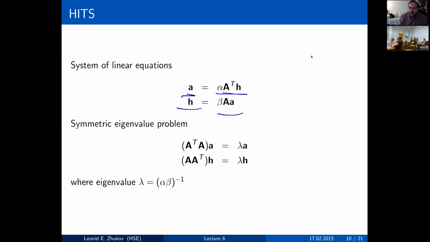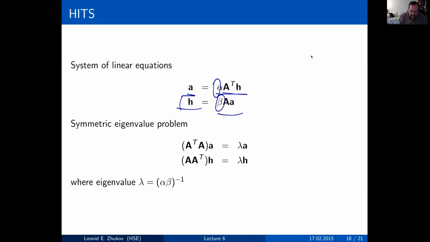And we already talked previously that if we want this type of procedure to actually converge, if we want to iterate and come to some sort of stable solution here, we'll need to use some factors, alpha and beta, as damping factors. Well, we can easily try.